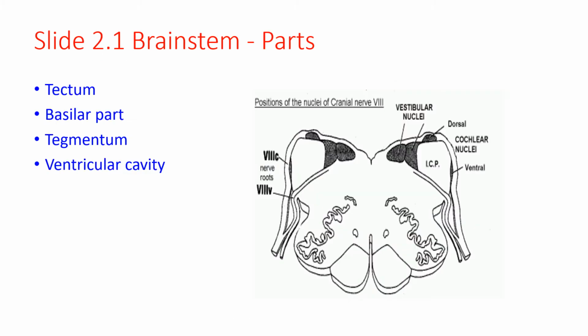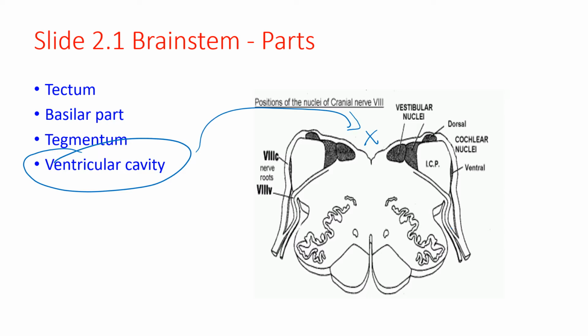When we talk about the brainstem, regardless of whether we're talking about the medulla, pons, or midbrain, we can always, first of all, identify some area associated with the ventricular system of the brain. Depending on where we are in the brainstem, that could be the fourth ventricle, that could be the cerebral aqueduct.